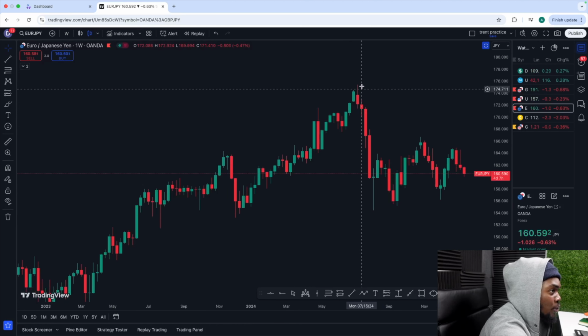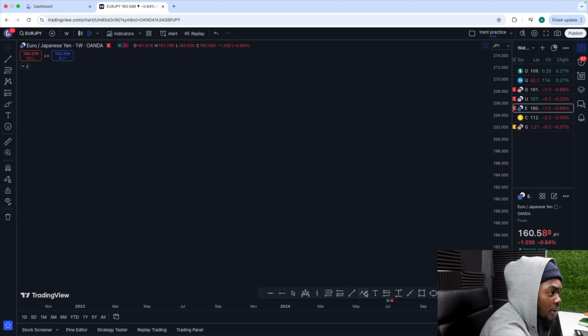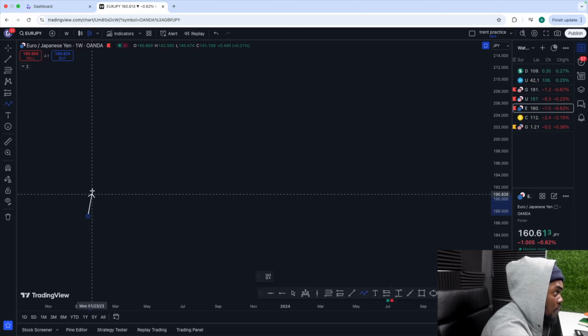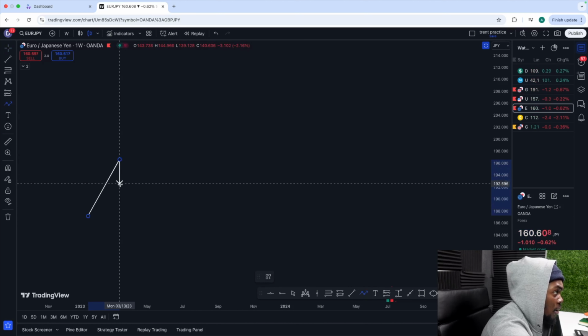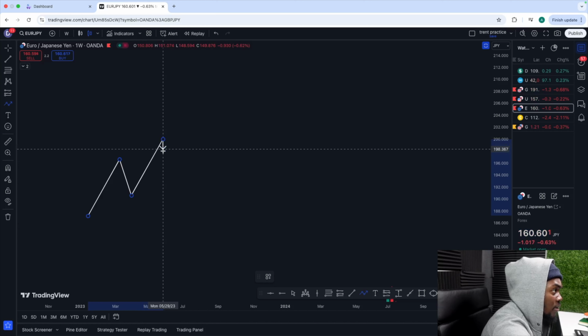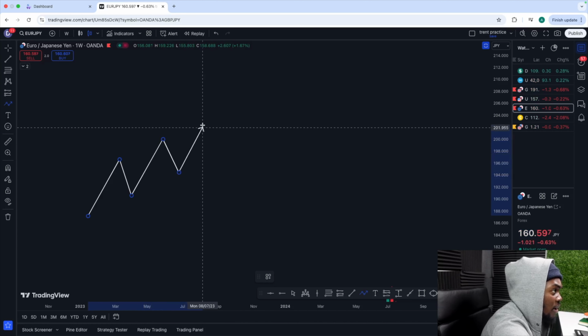And the first thing I want to do, so what is a trend, right? The market is only going to move in three ways. The market is going to be either on an uptrend. So the uptrend is this: higher highs, when the market is making higher highs and higher lows, right?